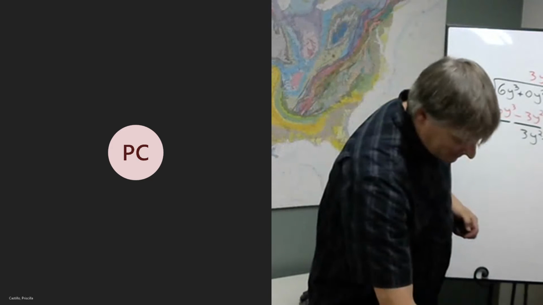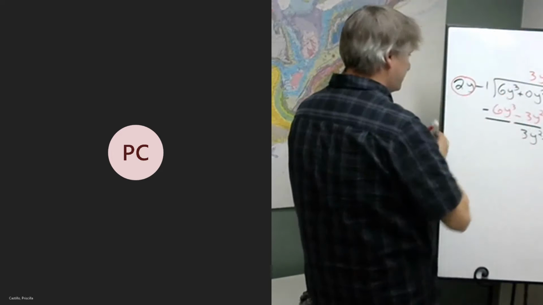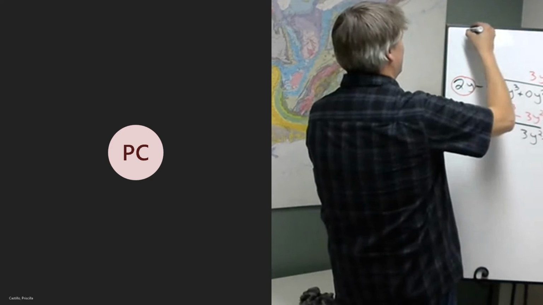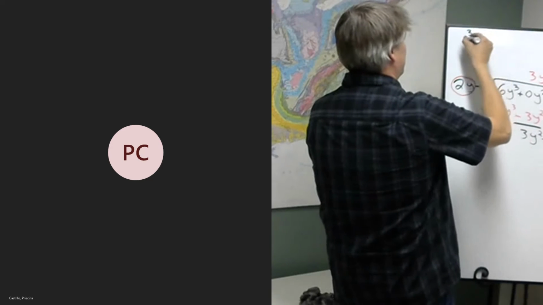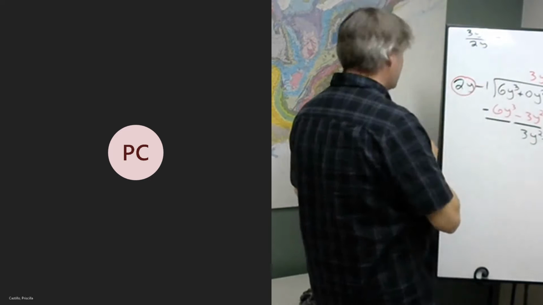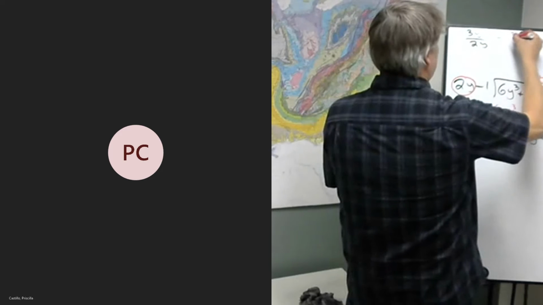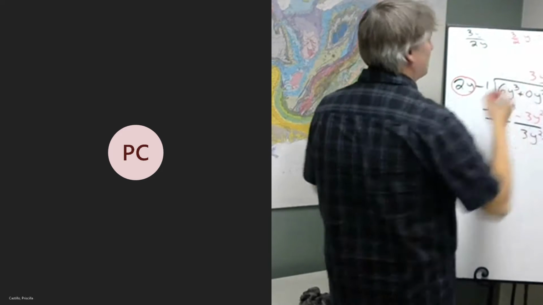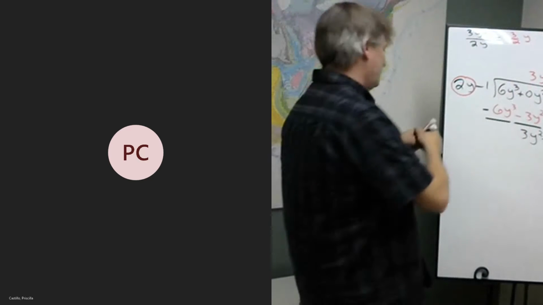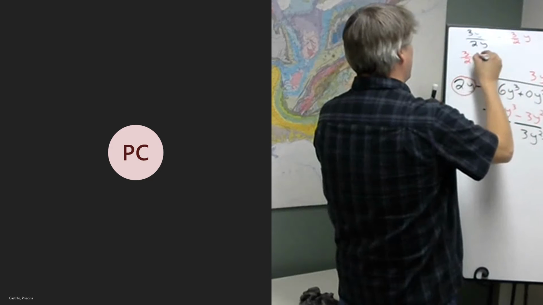Next, we take 3y squared. This is now the lead term. Divide by this lead term. So we're going to get 3 halves y. Then we take 3/2 y.